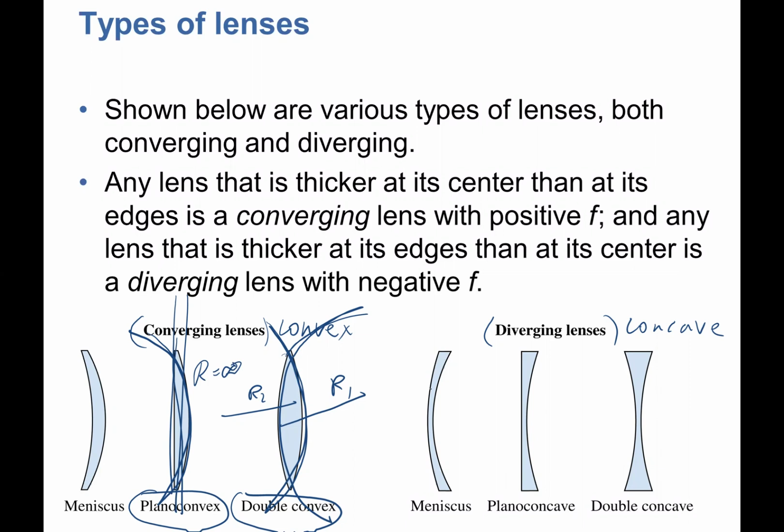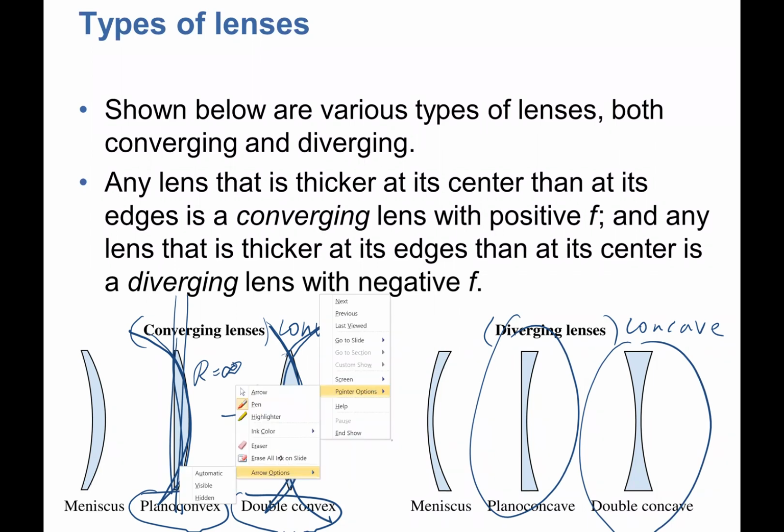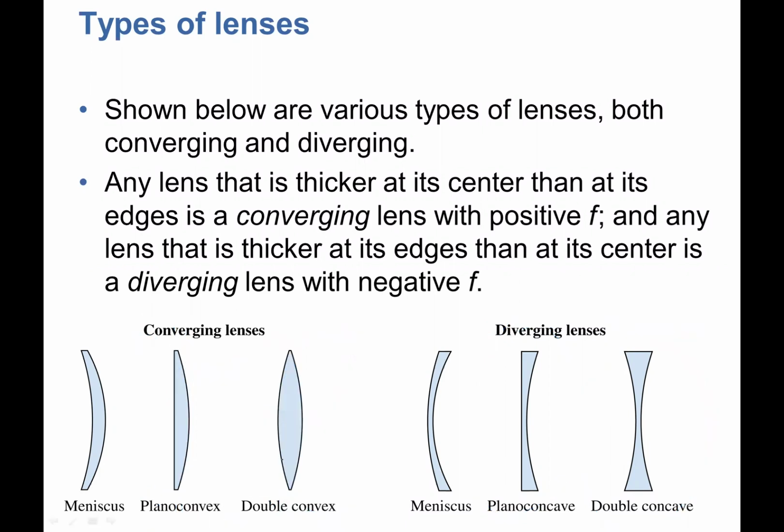Same thing here: you have plano concave or double concave, where both sides have the same shape. Mostly we're going to work with double convex or double concave. So when I say convex, I mean double convex, and when I say concave, I mean double concave, unless we're specifically told it's plano concave or something like that.